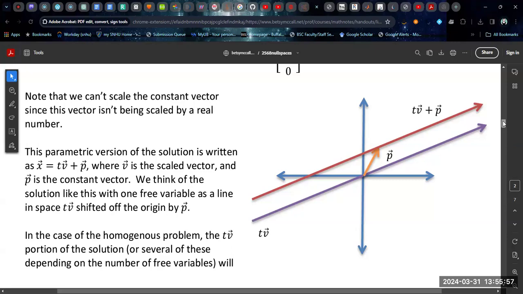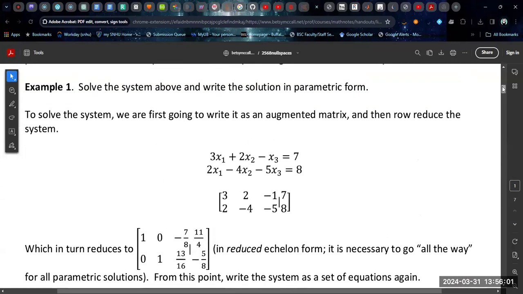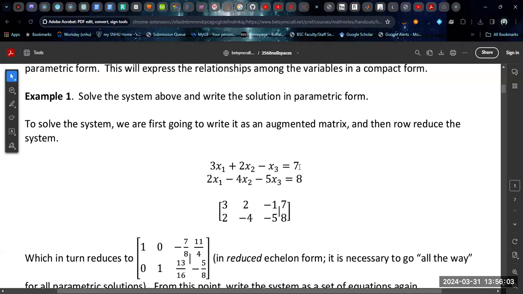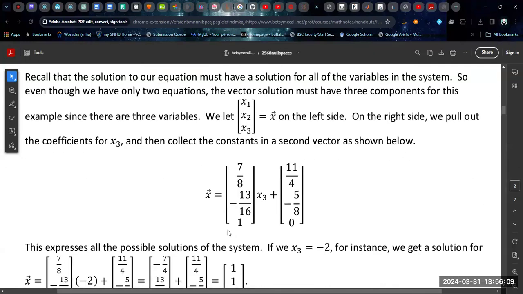If we had solved this system, we go back up here, if we had solved this system with 0, 0 over here instead of 7, 8, we would only have gotten this part of the solution, because these constants came from the fact that that was not 0, those were 7, 8. These would otherwise be 0 if we had started with 0, and we would just have this component here.